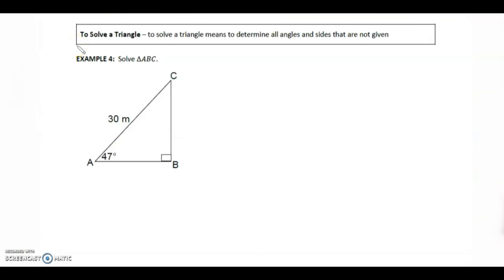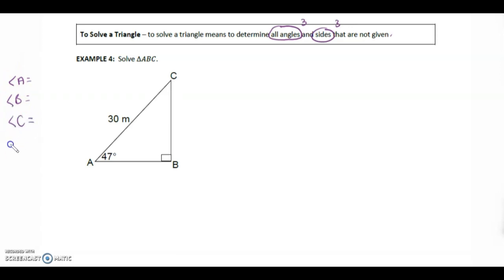Okay, to solve a triangle means to determine all angles, so obviously there's 3 of them, and all sides that are not given. Okay, so example 4 asks us to solve triangle ABC. So essentially what we're going to be looking for is angle A, angle B, and angle C, some of which we have.